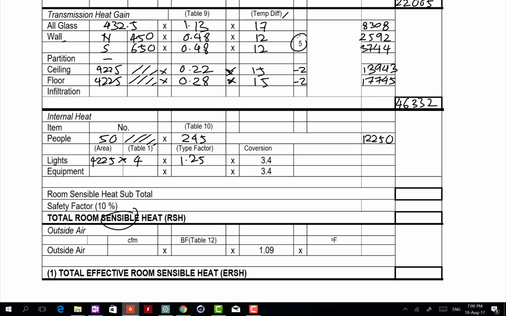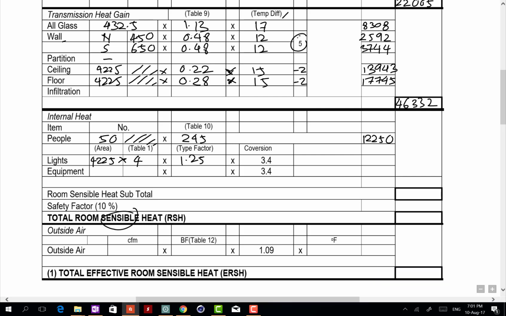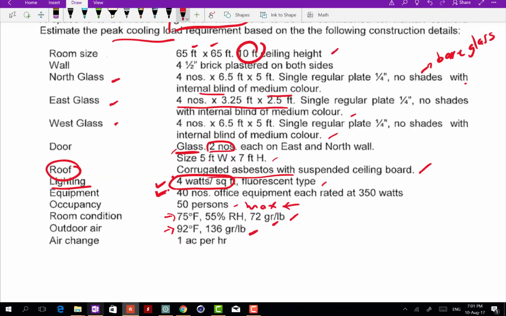We got the value of 71825 BTU per hour. And then for the equipment, from the question it mentioned we have 40 equipment, right? Okay, 40 equipment, rated at 350 watt.